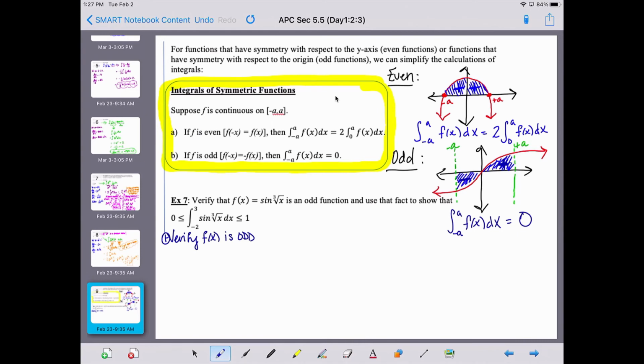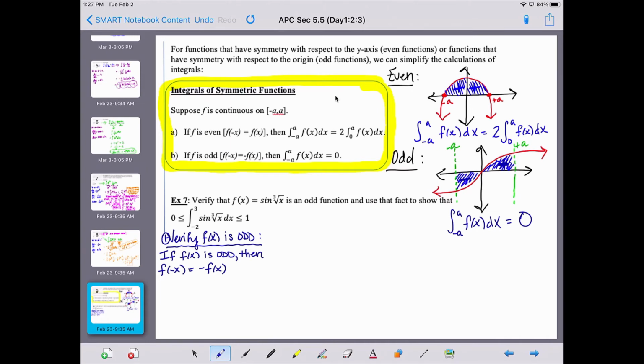And we are going to do so in the same way that we always determine if a function is even, odd, or neither. We substitute in negative x for x, and we simplify, and we see what we get, right? And the rule is that if f of x is odd, then f of negative x should be equal to the opposite of f of x for all x, okay?